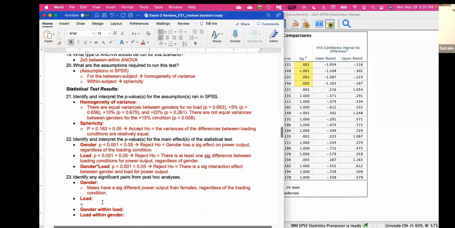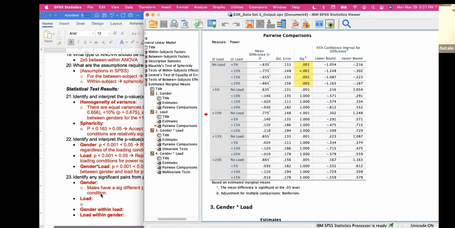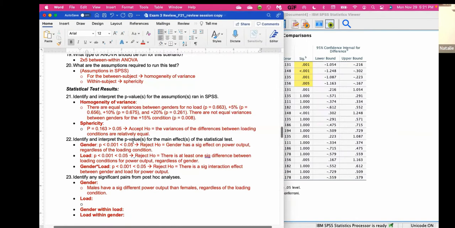So the way that we could write this is that the no load condition was significantly different from all other loading conditions.